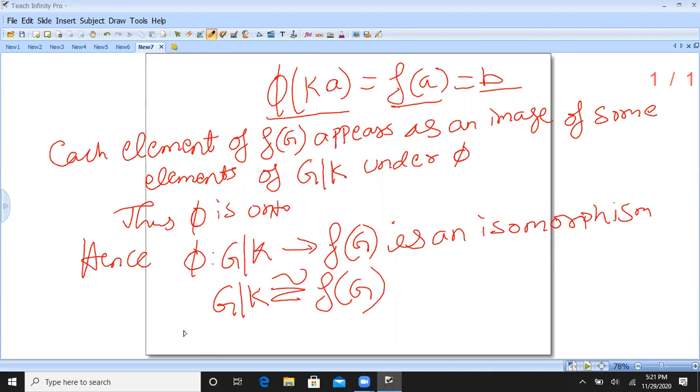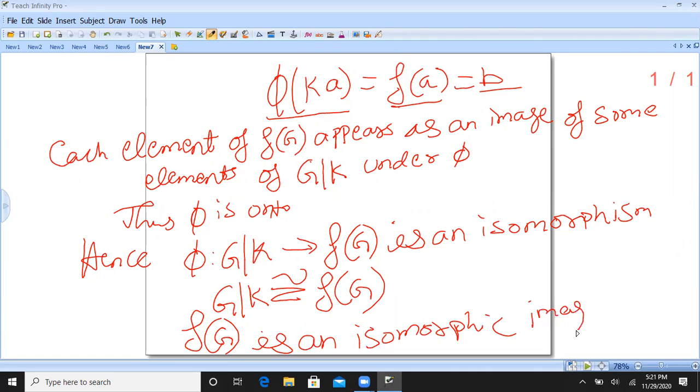So as usual, f of G is an isomorphic image of G by K. Okay, so phi of Ka is equal to f of A, and f of A is equal to B. Therefore each element of f of G appears as an image.